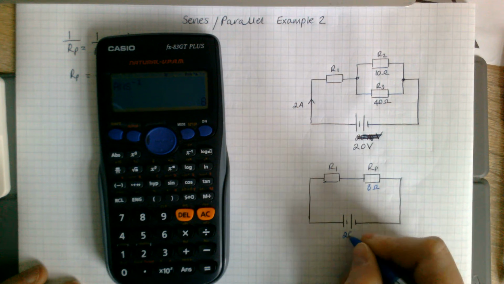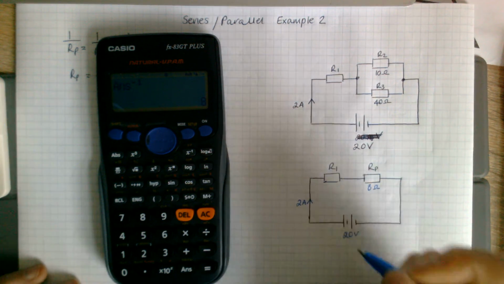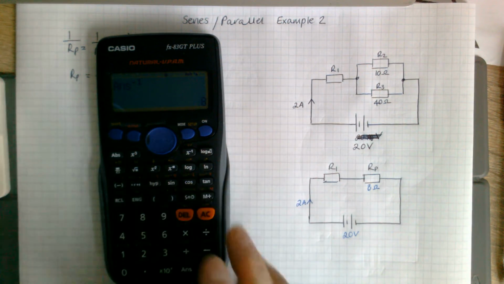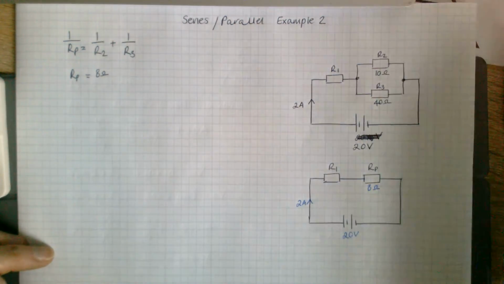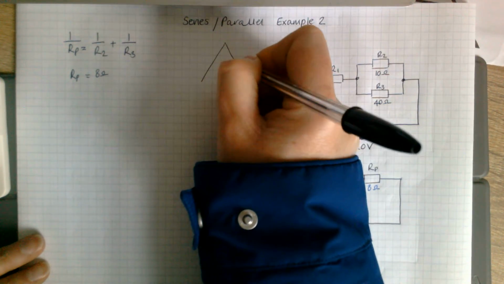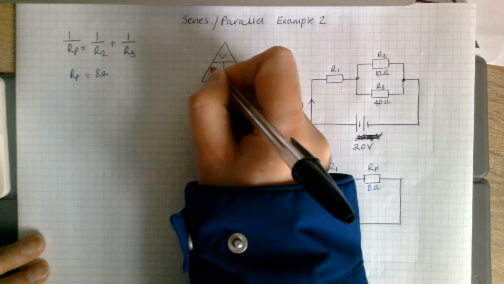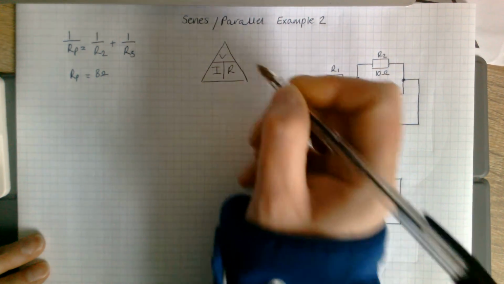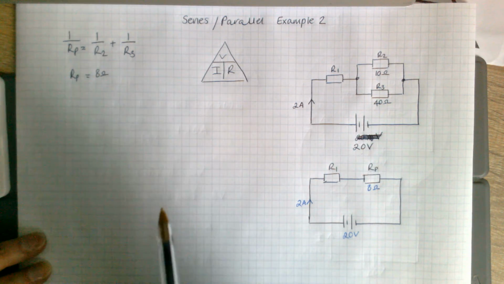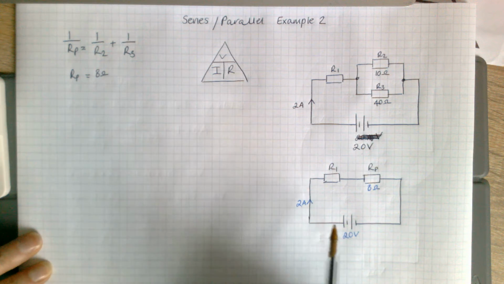This would still be 20 volts. This would still be 2 amps. So we spoke about before, if you know your Ohm's law triangle, I'll pop it in the middle again here. V, I and R, you can do it for the whole circuit or you can do it for one component. So I'm going to use that on the whole circuit now.